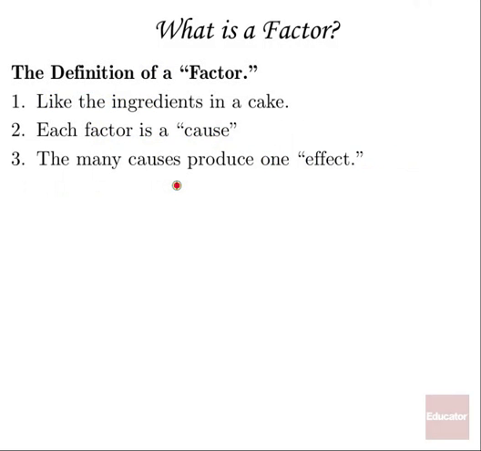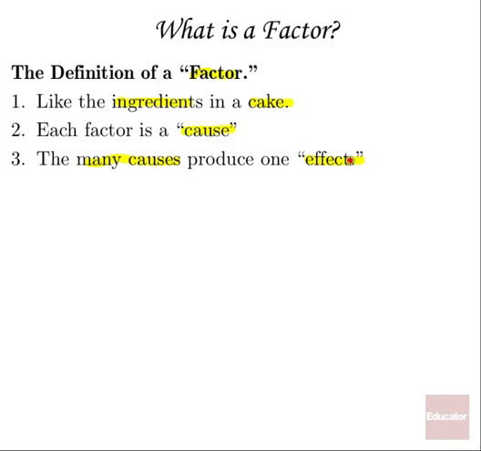So now we're going to get to a definition of a factor. You can think of a factor like it's an ingredient in a cake. And each one of these factors is one single cause. And then finally, all these causes have to work together to eventually produce the effect. Or in this case, it's the cake. So, what are the factors in making a cake?